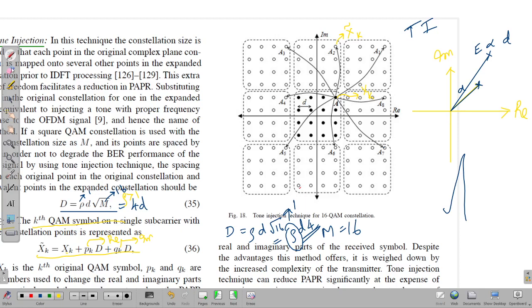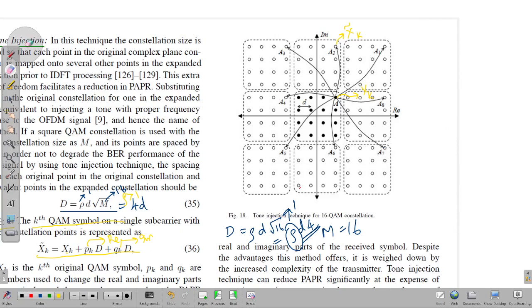For example, let me take some points and illustrate this to you. If I have taken point xk here, xk tilde can be written as xk plus pk, the variation along the real axis, and qk, the variation along the imaginary axis.